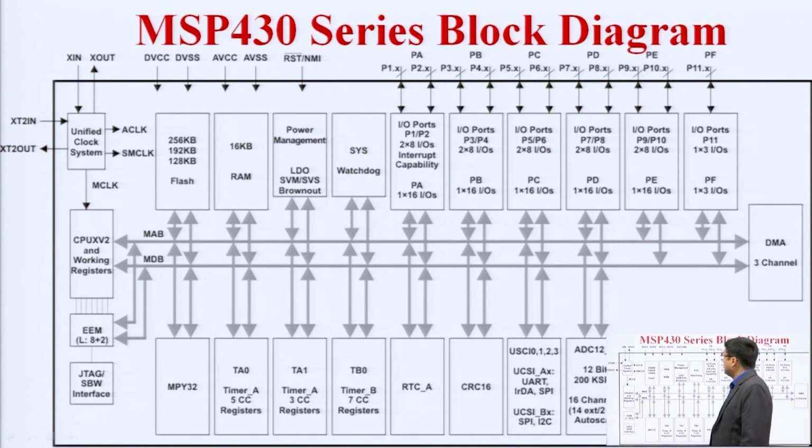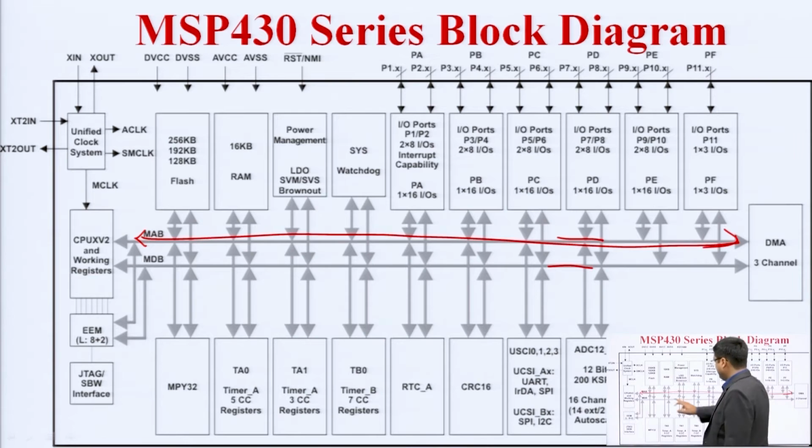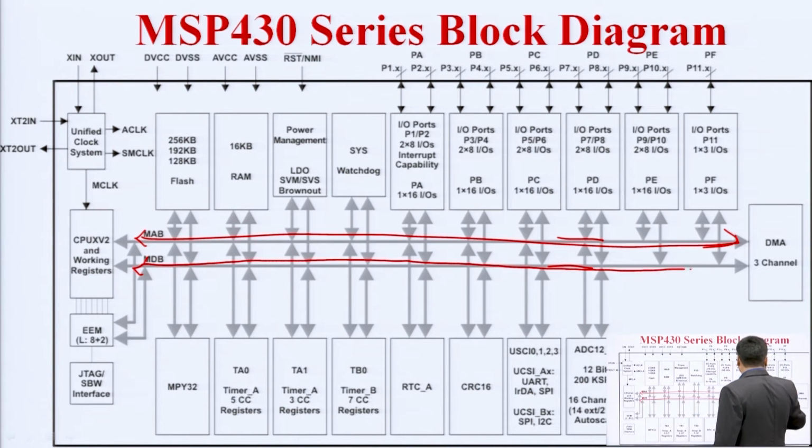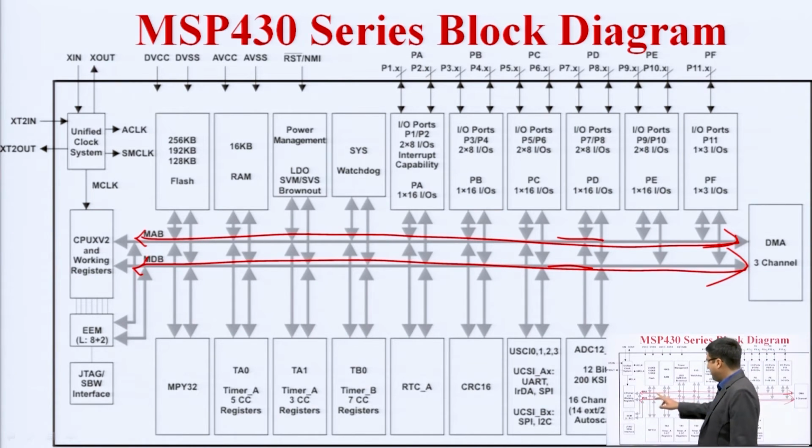Okay. So, this is the MSP430 block diagram. In this block diagram, you can see many blocks. All the blocks are connected to 2 buses, MAB and MDB, you can see here. What is the meaning of MAB and MDB?